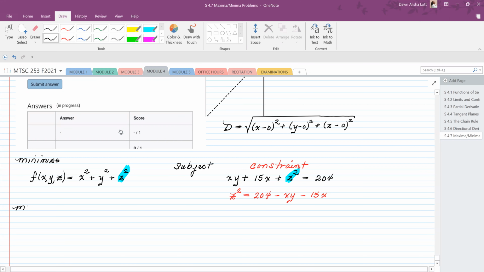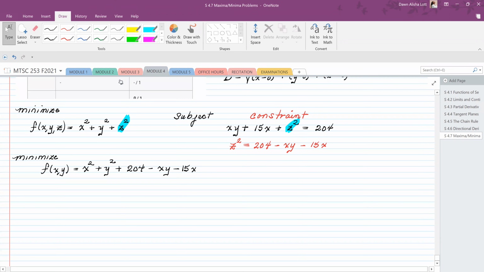So now I'm going to minimize f of x, y being x squared plus y squared plus 204 minus xy minus 15x. Since I know z squared always satisfies that equation, I just plug it in there.